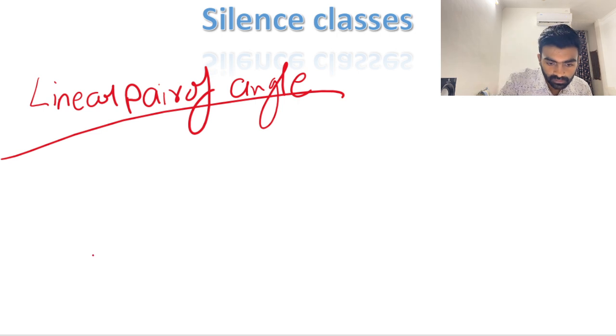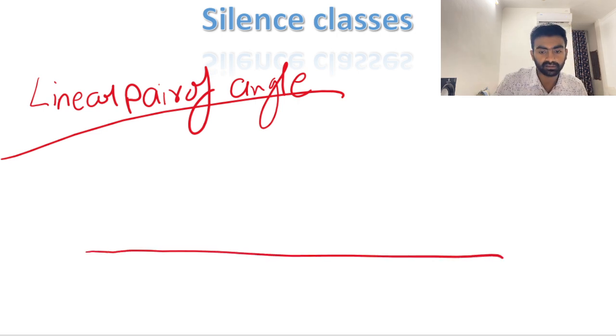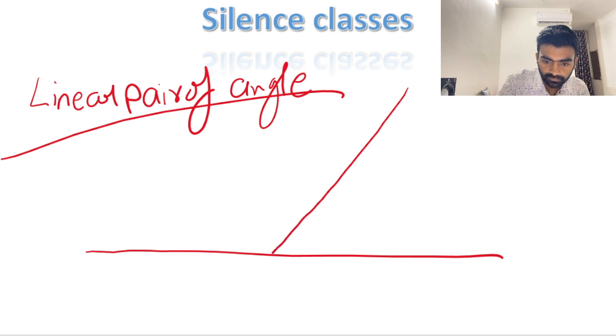If we get a straight line like this, with points A, B and C, and this point is known as O.